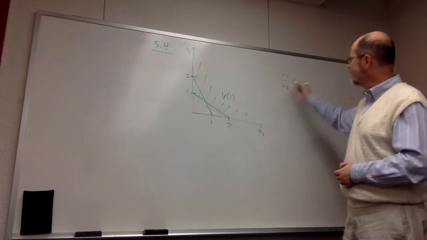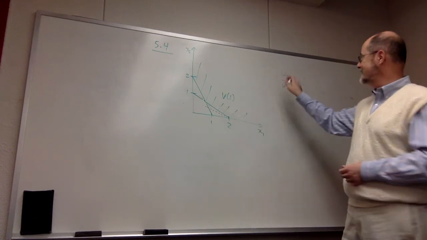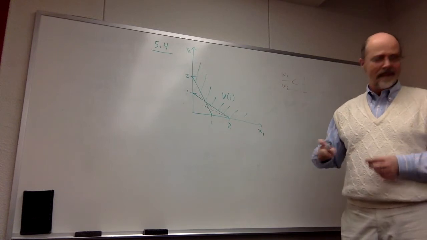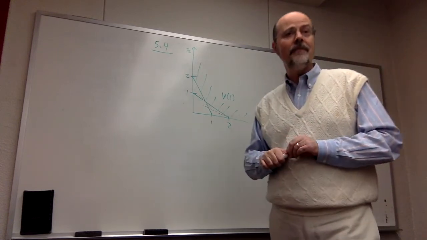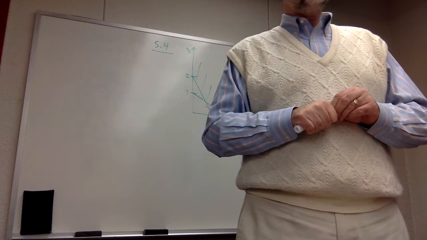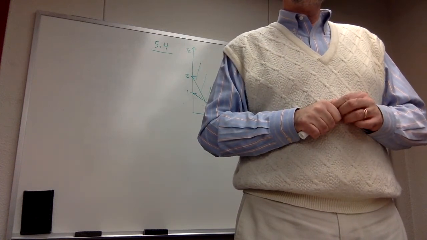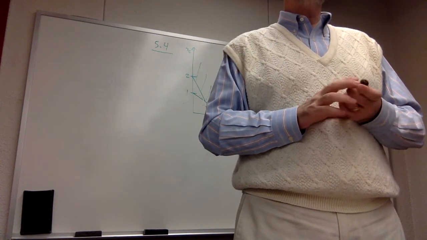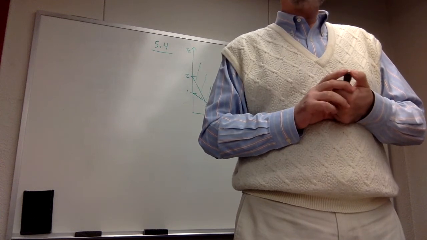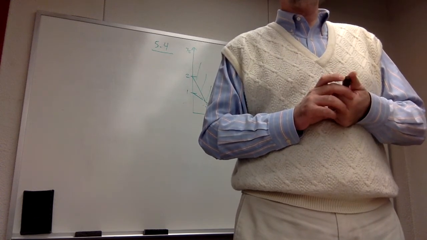But the way it works, if you actually have the negatives, is it goes the other way around. And I'm saying that because I was reading Varian's complete answer key, and he has a mistake in that one. I won't tell you what it is. Find it. But it is a mistake of writing the wrong inequality somewhere.